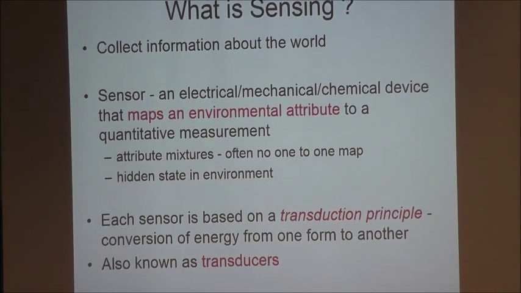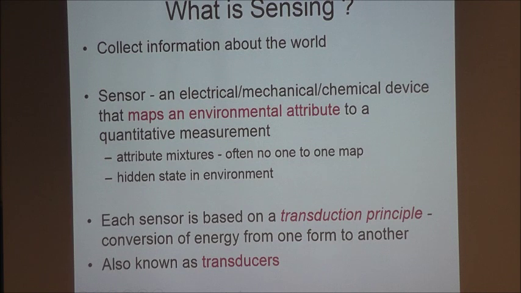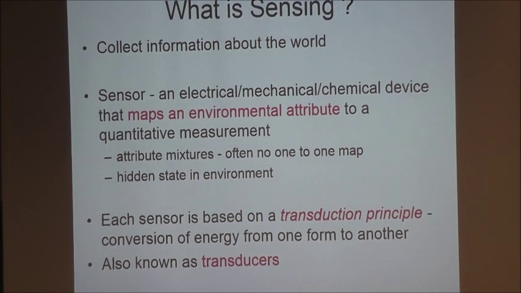So for all of those decisions and attributes and issues with the robot, the first item of business is sensing. Each sensor is based on what's called a transduction principle, or transducers, which convert energy from one form to another form. Okay.